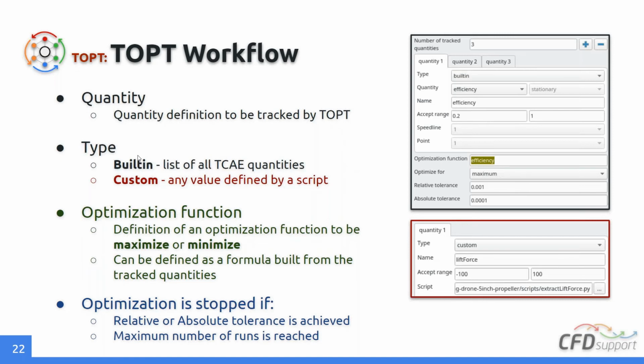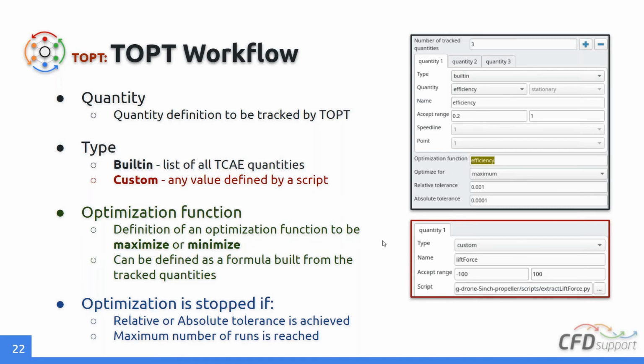And there are also two types. So built-in gives you a list of all quantities which are evaluated by TCFD or TFEA, and the custom will give you an option to define a script which reads or computes any quantity that you need.